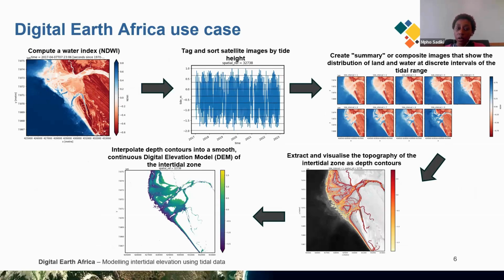You also compute the normalized difference water index, tag and sort the satellite imagery by tide height, create a composite of images that show the distribution of land and water at discrete intervals of the tidal range, extract those and visualize the topography of the intertidal zone as contours, and interpolate those contours into a continuous 3D model of the intertidal zone. These are the steps that you would expect in both notebooks, whether you're using Landsat or Sentinel-2.